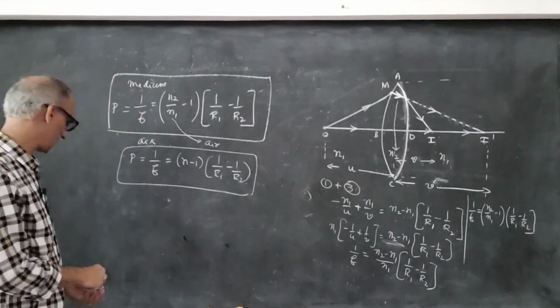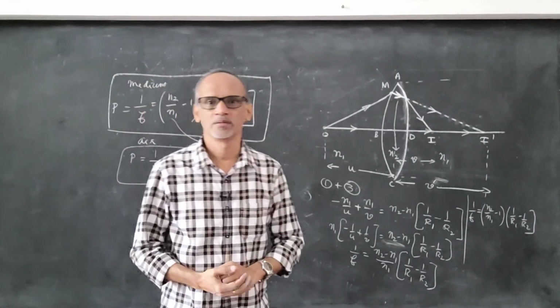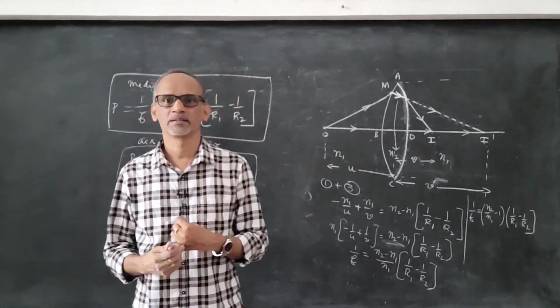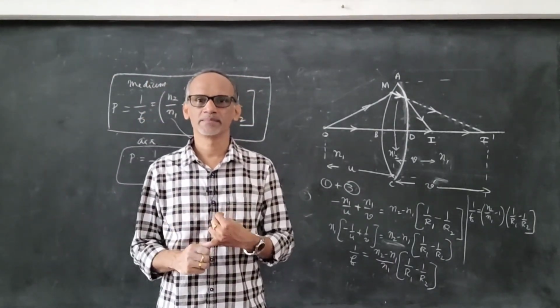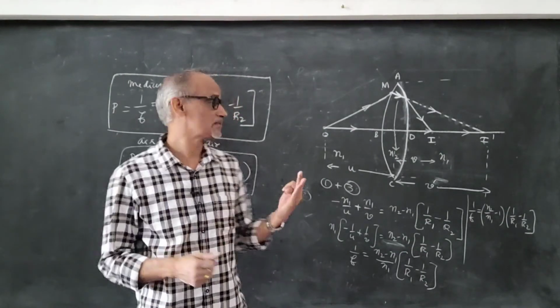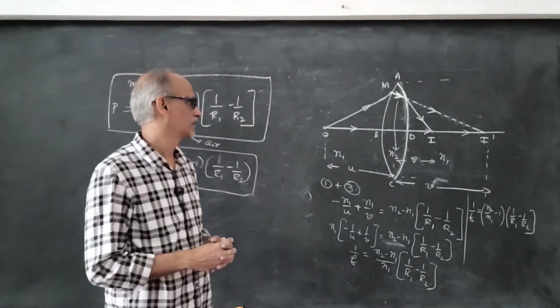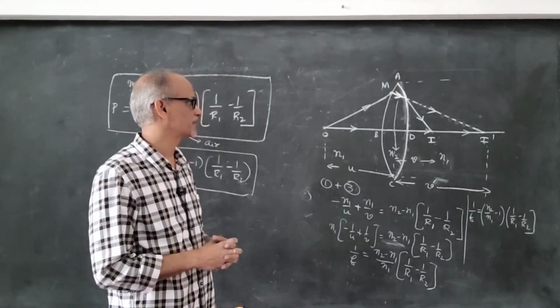So these are the important derivations of this particular chapter. One of the derivations is refraction through a prism, then refraction through a single curved surface, and this is the other important derivation, which is refraction through a convex lens, also called the lens maker's formula.